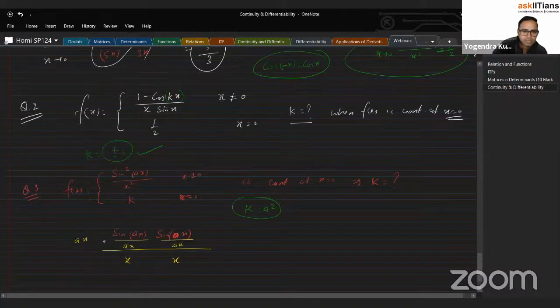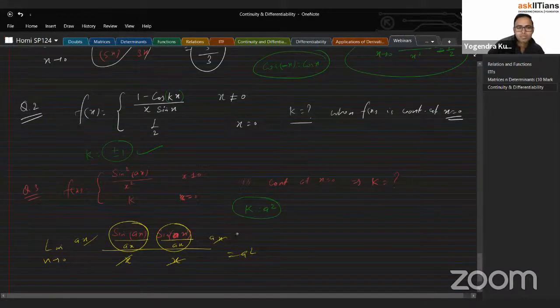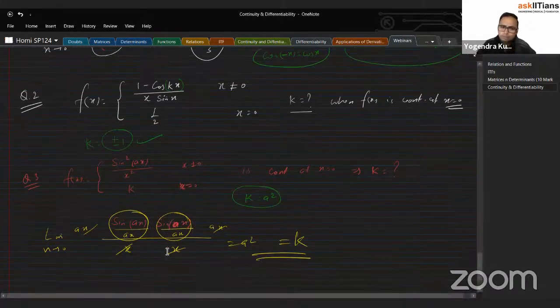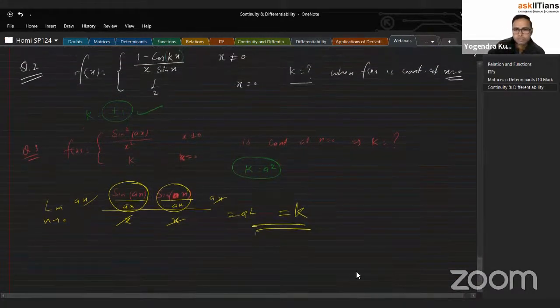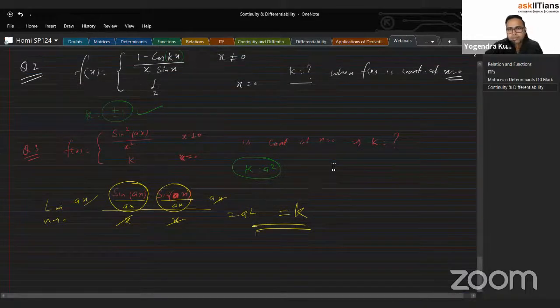So I multiply and divide by AX here, and here also. This is what one, this is what one. X cancels here, X cancels here. Limit X tends to 0, the answer is a square. So K is a square, simple. Don't make it complicated, just keep it simple this way.